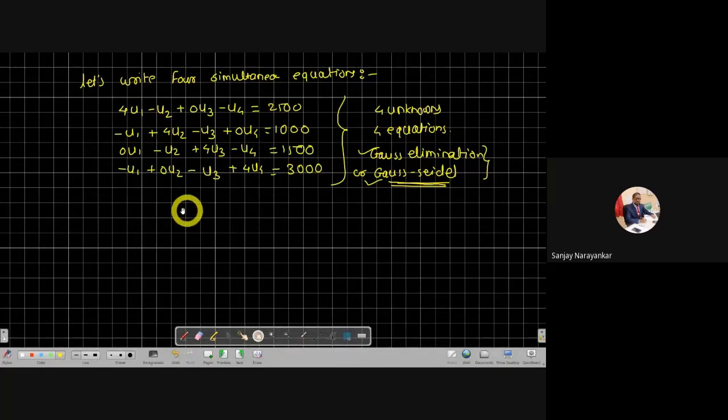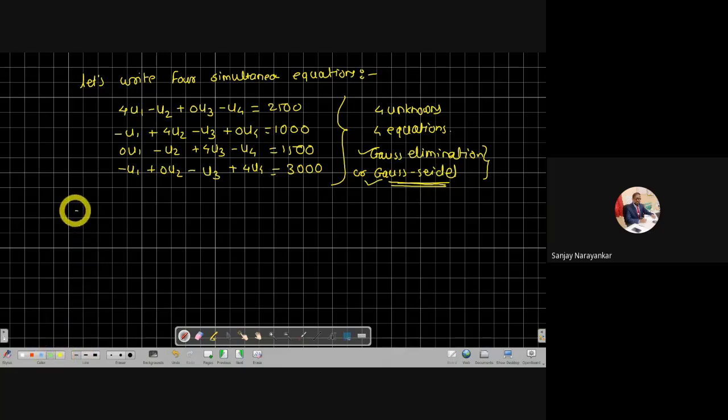But the challenge is to get the values of u1, u2, u3, u4. Here, the remaining marks are allotted for Gauss-Seidel or Gauss elimination. Marks will be there for the steps, and a few marks for representing your final answers. Right? So here I'm using Gauss-Seidel.